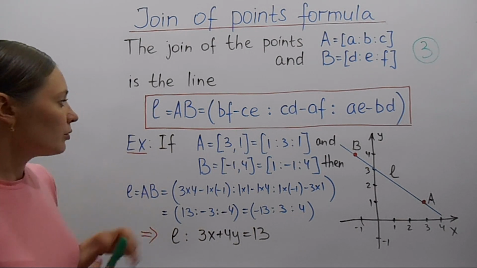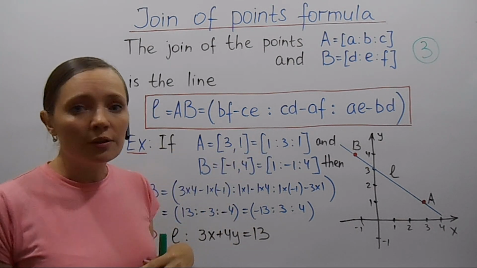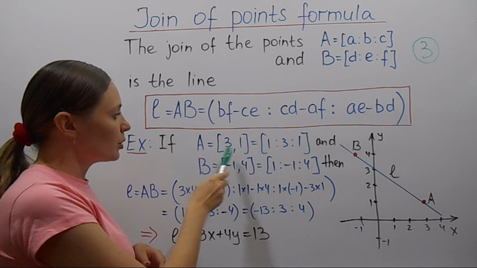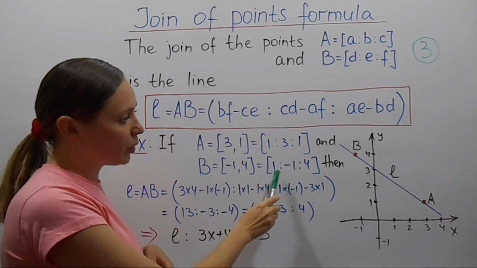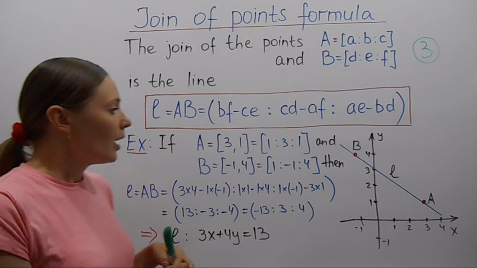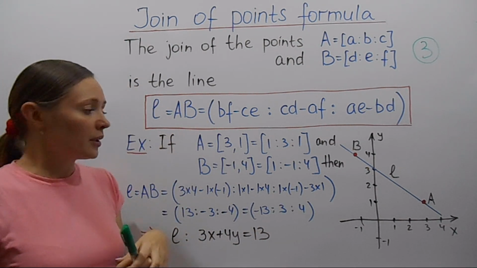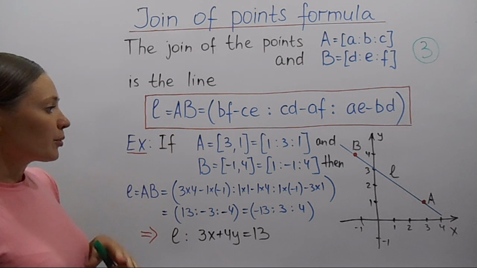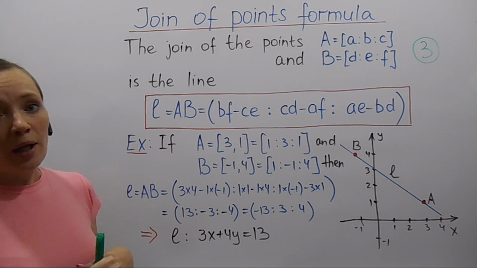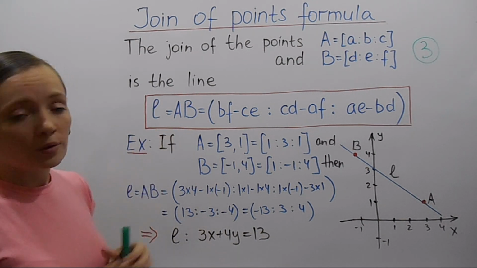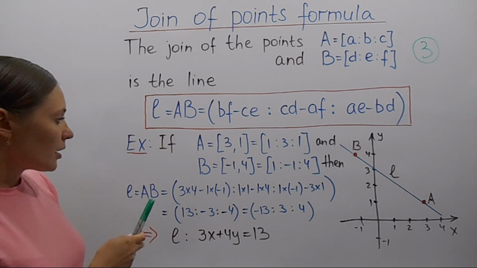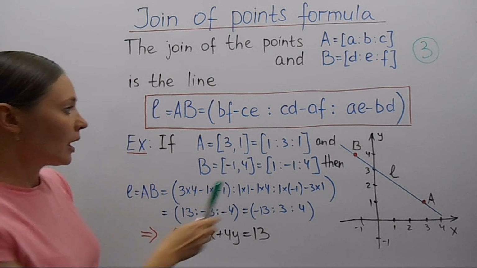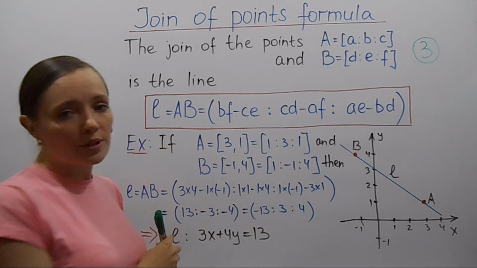What we do, we convert the points into projective coordinates. So (3, 1) becomes (1, 3, 1), and (-1, 4) becomes (1, -1, 4). And then we just apply this formula to write down immediately the projective equation of the line that passes through these 2 points, which is what? Okay, so the first entry is obtained by looking at the second and third entries here.